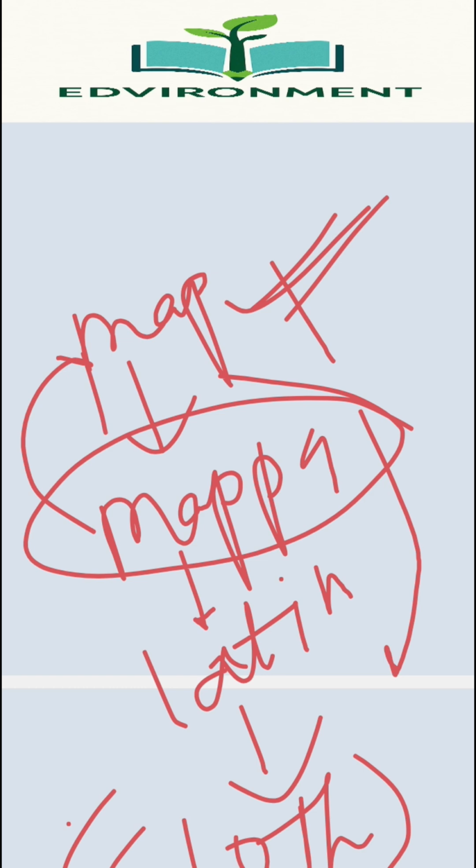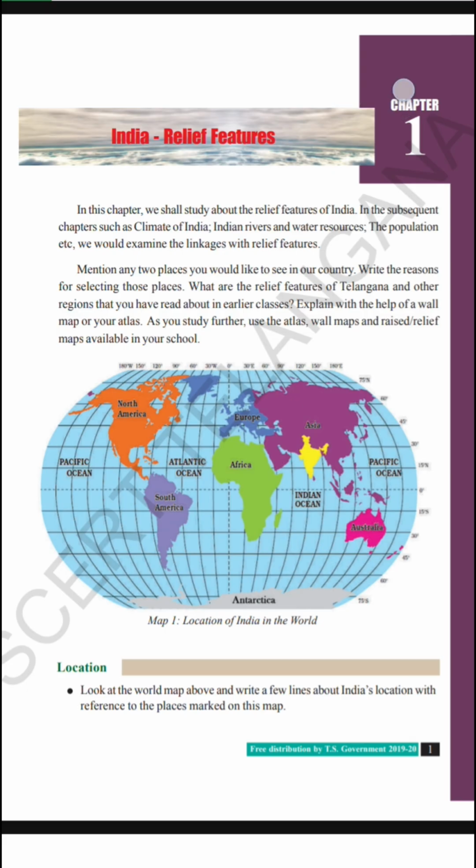Okay, now let us move to the topic where we left off. So it is relief features. Now we will discuss the chapter which we have started, which is relief features.